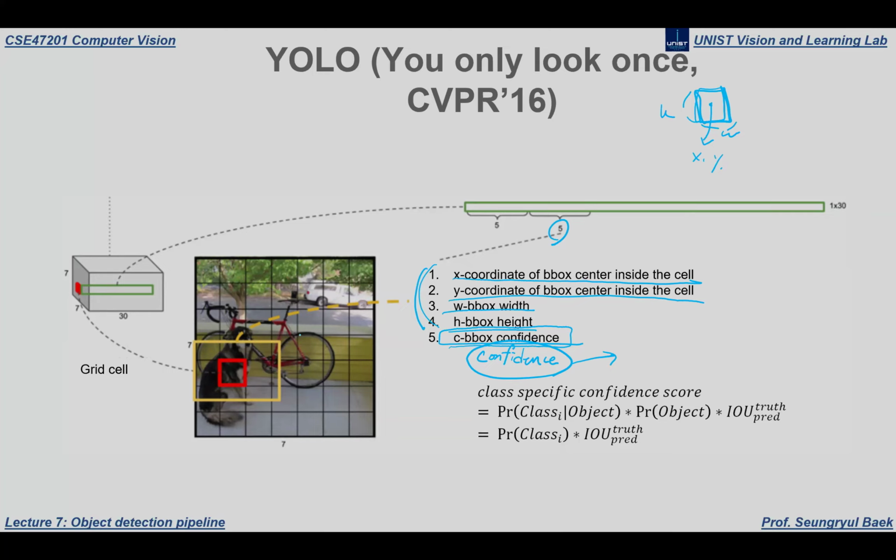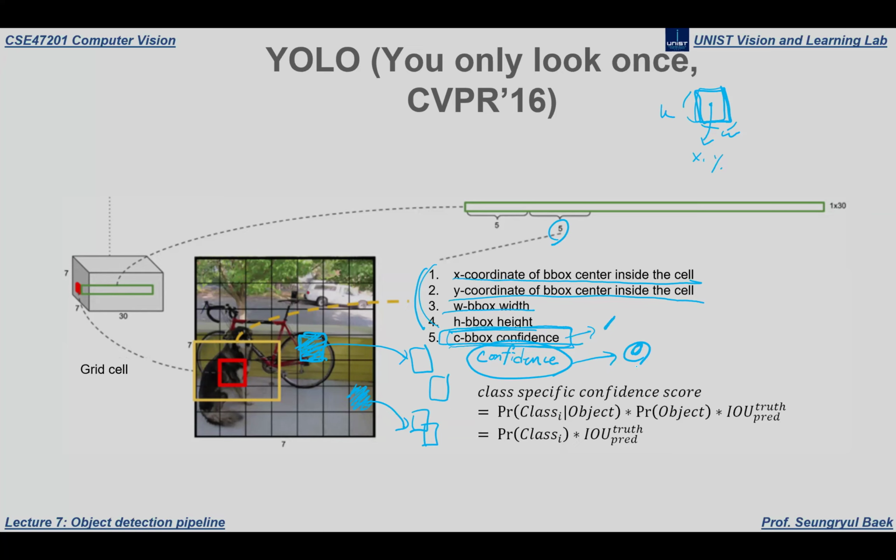For example, for the bounding boxes extracted from these regions, they will have two bounding box estimations from this region, because this is the grid cell which has the bicycle object inside. The ground truth for these confidence values becomes one, indicating that the grid cell has an object. But if the two bounding boxes are estimated from a grid cell that has no object inside, their confidence value has to be close to zero.